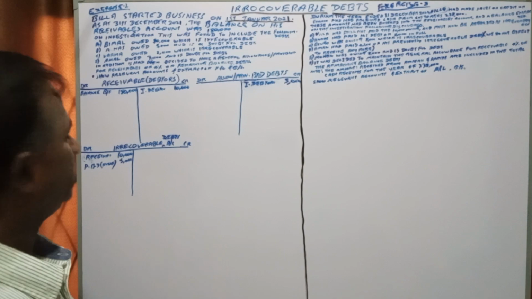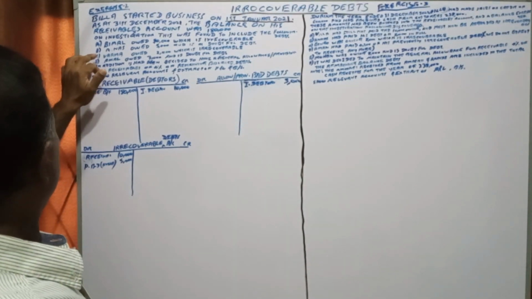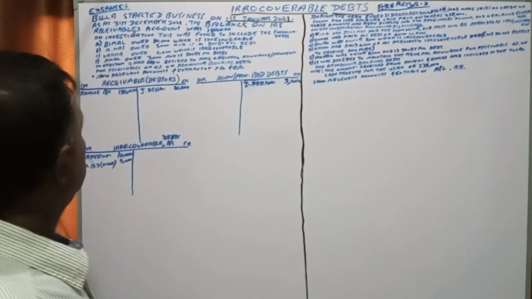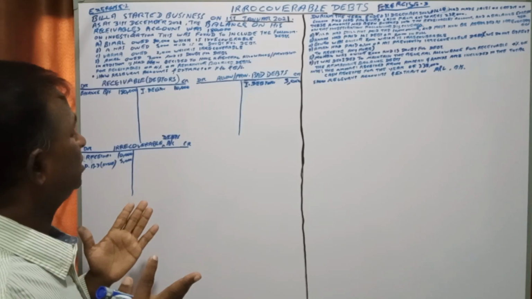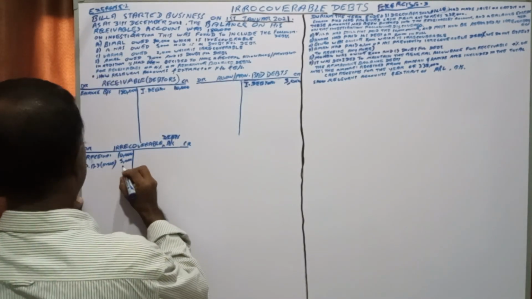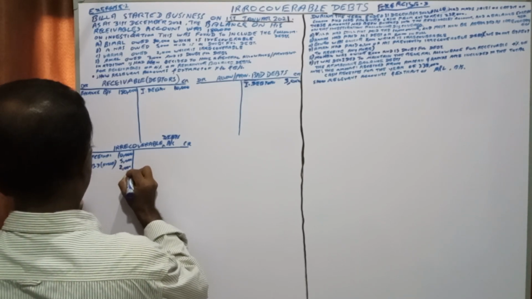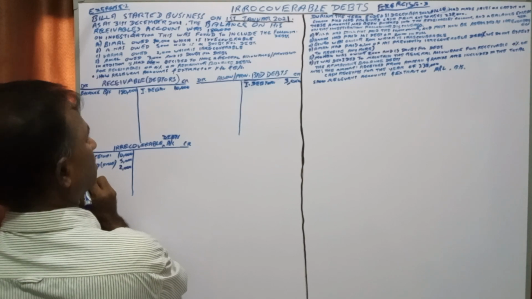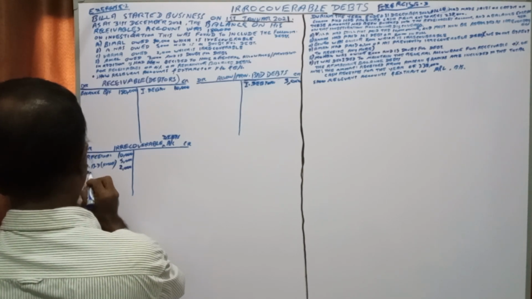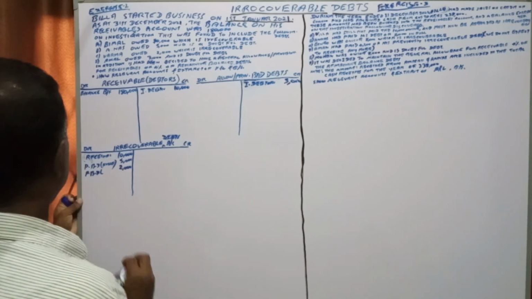Number 3, that means C. Varma owed 2,000, which is irrecoverable. That also is like that. Irrecoverable account debit 2,000. Provision for bad debts. This is not Anas, this is Varma.